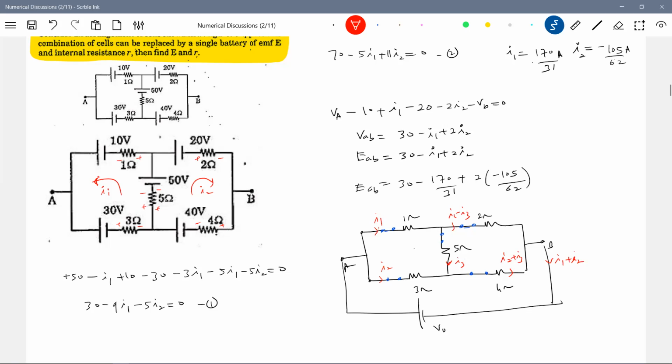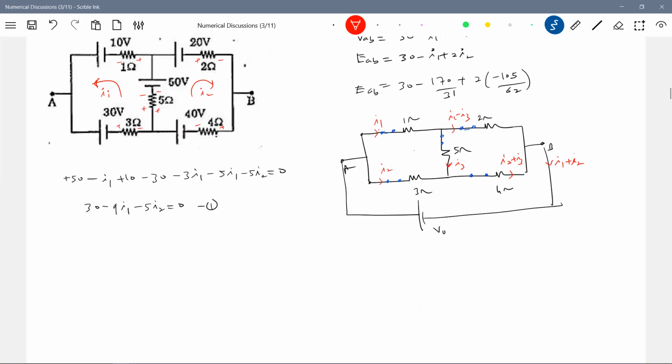V naught, sir, what is the value of V naught? Let's not bother, it's not a Wheatstone network, so I just took this condition. Based on this, it will be V naught plus V naught minus I1 minus 2 I1 minus I3 equal to 0. V naught, if you want to assume some 3 volt, it doesn't matter.